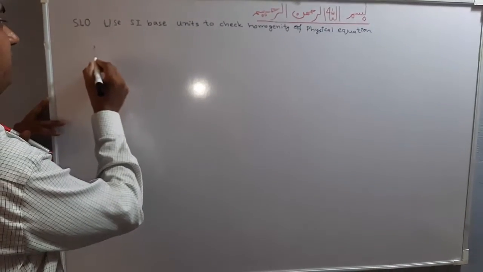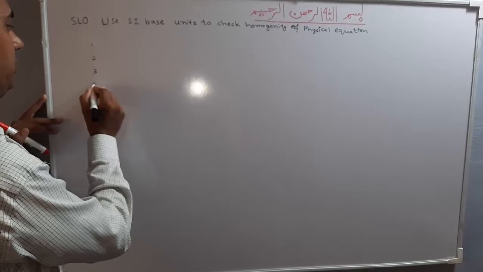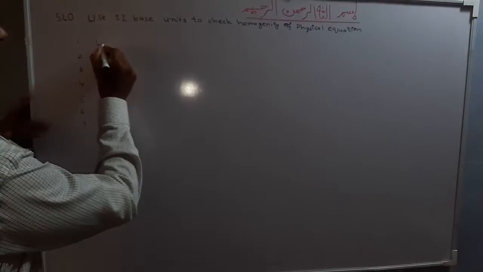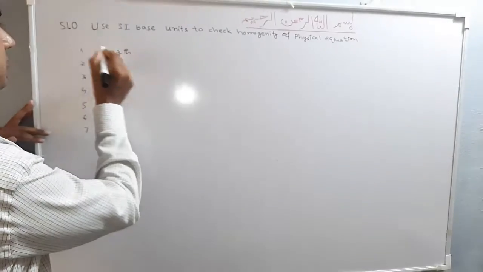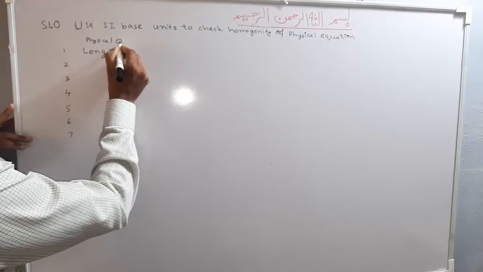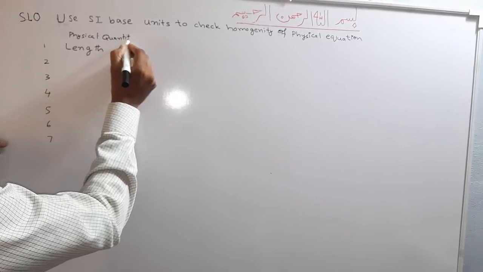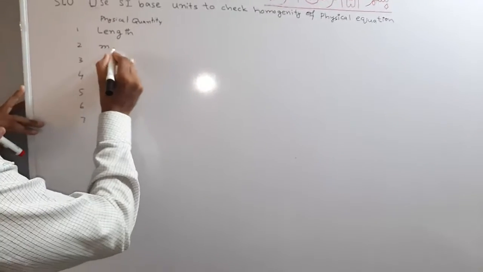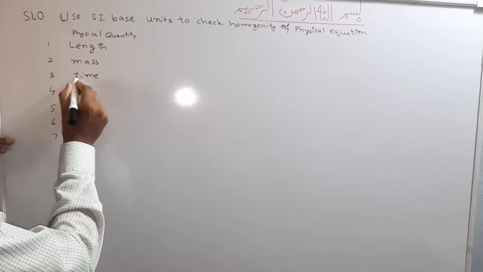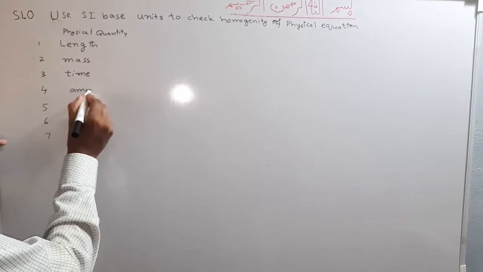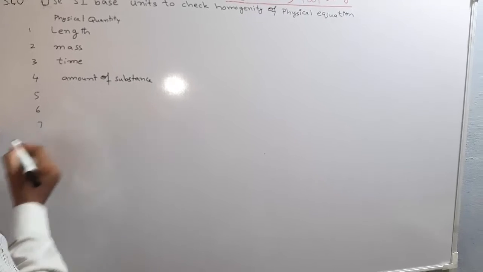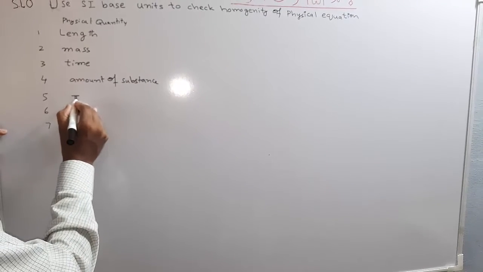The first one is length, then the second one is mass, the third one is time, the fourth one is amount of substance, and the fifth one is thermodynamic temperature.